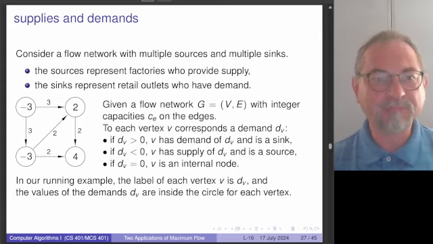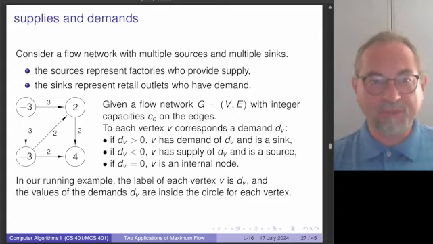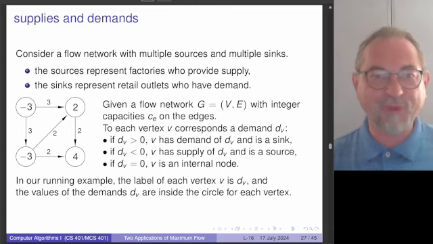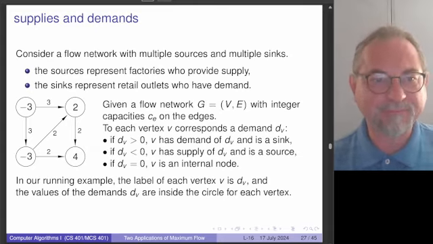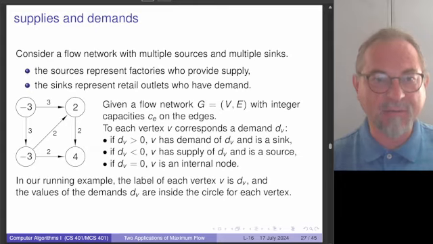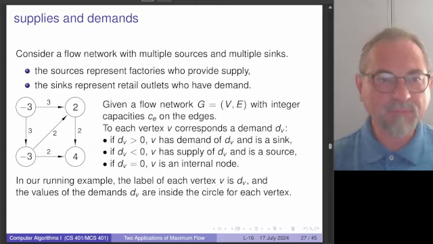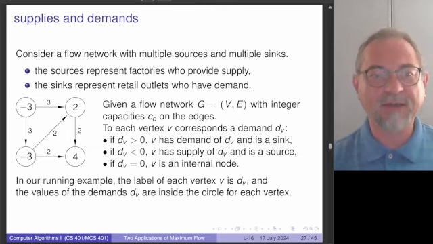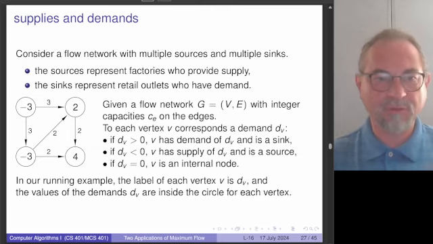So we have 2 suppliers, 2 factories in this network, and 2 retail outlets. One of these retail outlets has only incoming edges, while the other can redistribute: it also has an outgoing edge to a retail outlet.